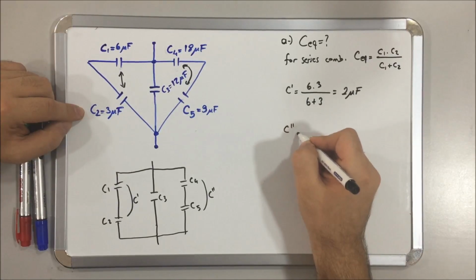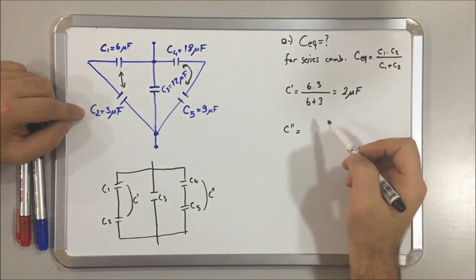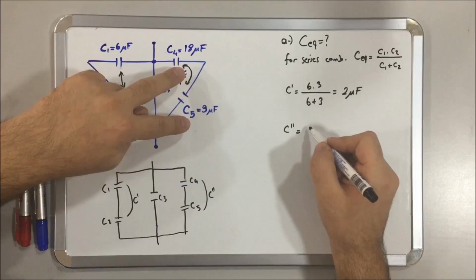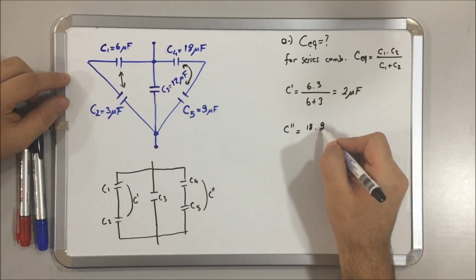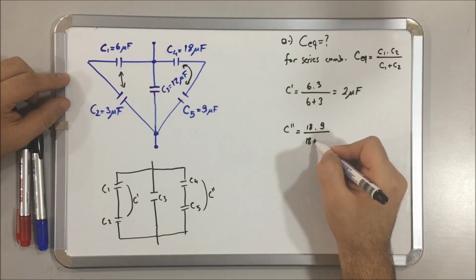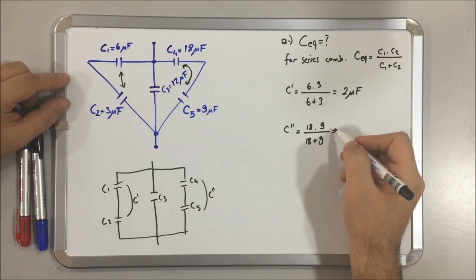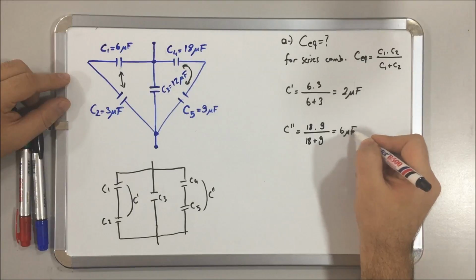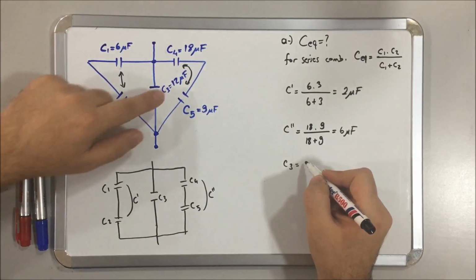And C double prime, I'm going to use this formula again, between C4 and C5: C4 18 times C5 9, over C4 plus C5, 18 plus 9, which is 27. So this result will be 6 microfarad, and C3 is equal to 12 microfarad.